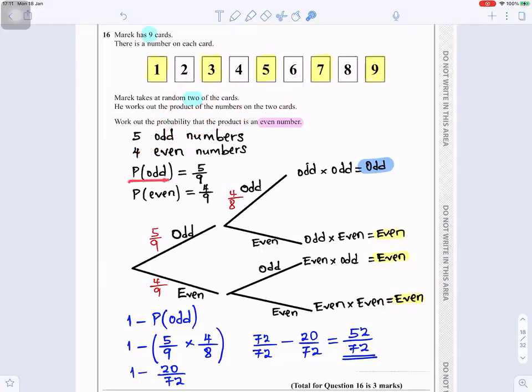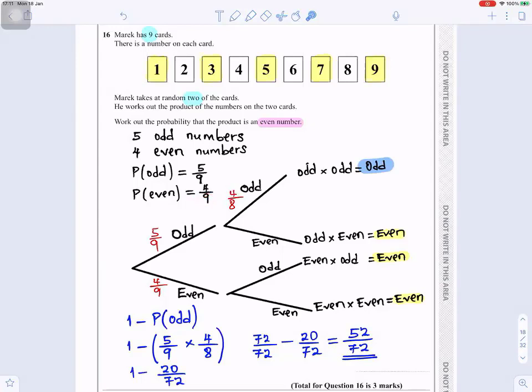So what's the probability of an odd number? It is the number of odd numbers, which is 5, divided by the total, which is 9, because there are 9 numbers altogether. 5 plus 4 is 9. So the probability of odd is 5 over 9. Probability of even number is 4 over 9, because there are 4 even numbers and there are 9 numbers in total.